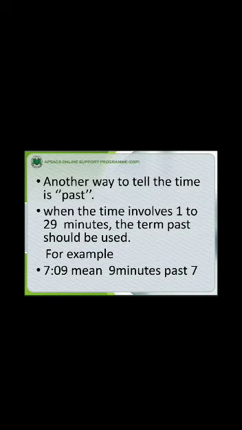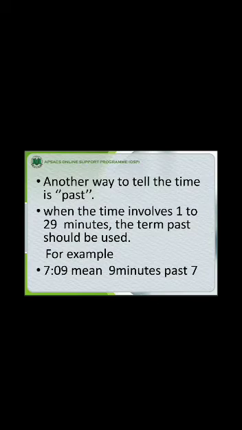Dear students, another way to tell the time is using past. We use the term past when the time involves 1 to 29 minutes.